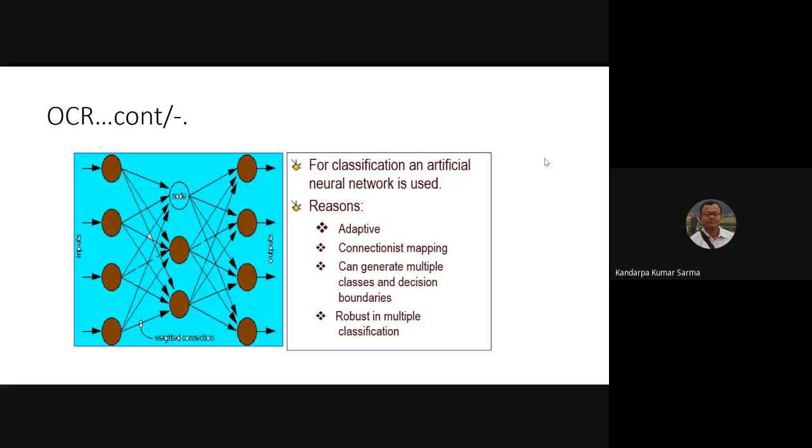It can deal with the variations in the patterns and function in a robust manner to give the decision despite the character sets showing multiple variations.